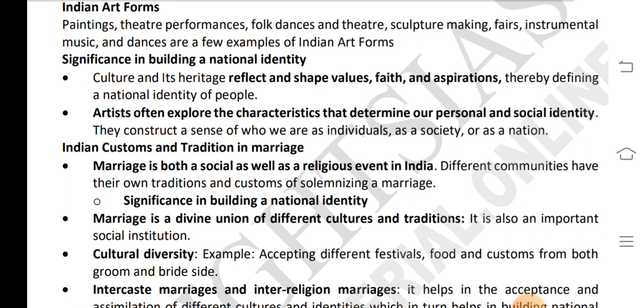Indian art forms: paintings, theatre performances, folk dances, sculptures, fairs, instrumental music and dances are a few examples of Indian art forms and their significance in building our national identity.